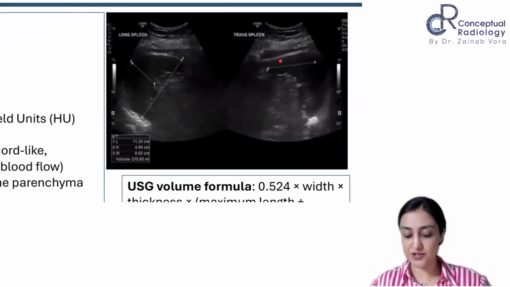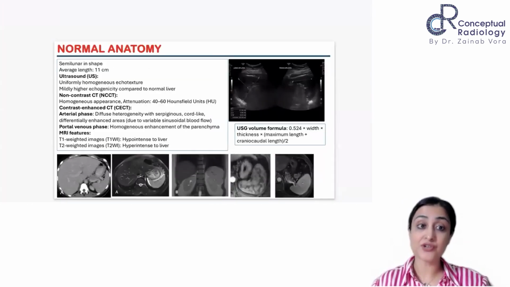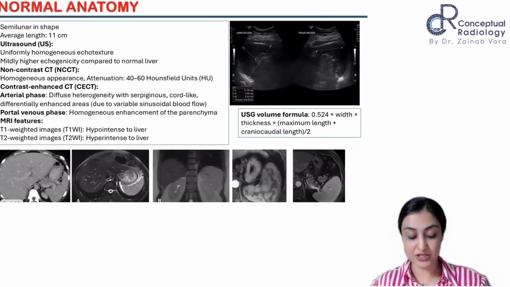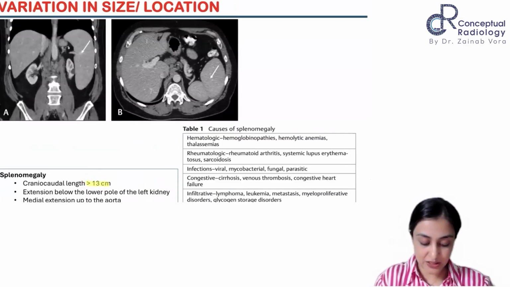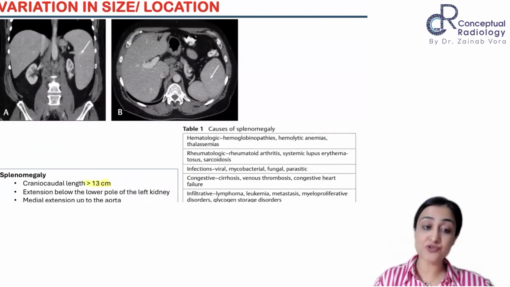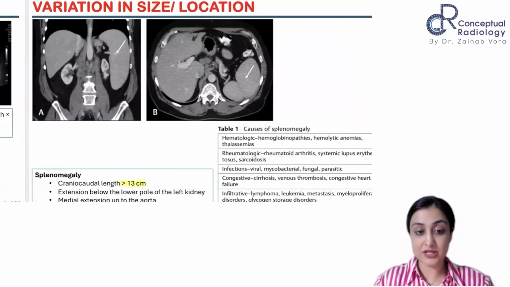Everybody understood? So this is the transverse plane and this is the longitudinal plane. So you take the craniocaudal maximum dimension that should not exceed 11 centimeter, right? Splenomegaly is when this length exceeds 13 centimeter. So 11 is the average, but splenomegaly definition is this craniocaudal length on any imaging exceeding 13 centimeter, right?